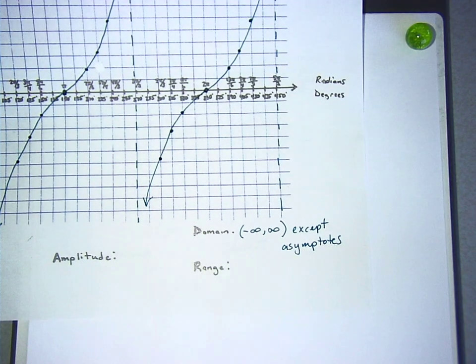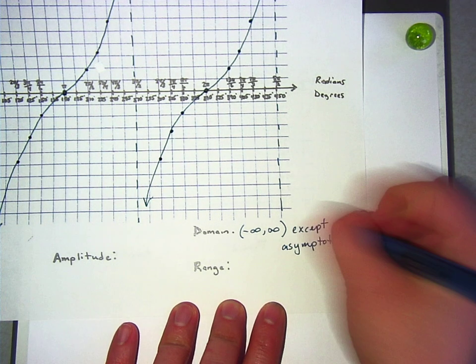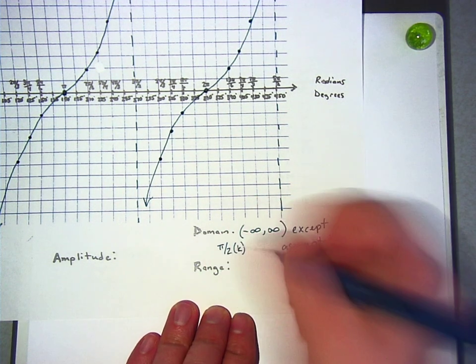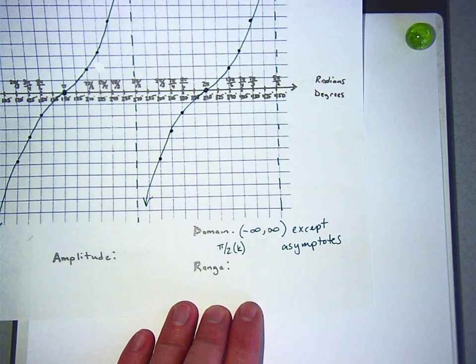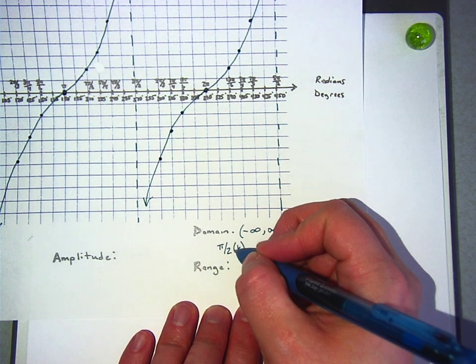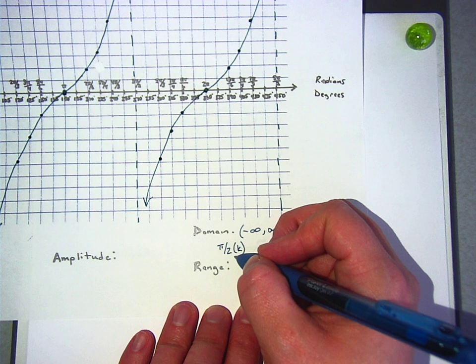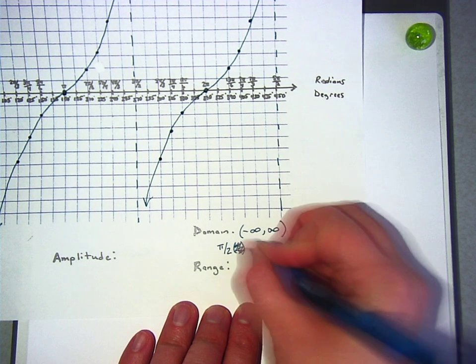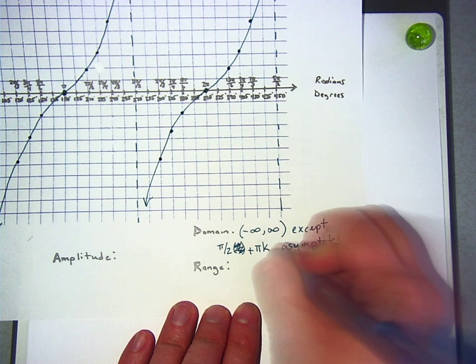How do you write except asymptotes? If it was mathematically, you would say except pi over 2k, meaning any multiples of pi over 2. No, that's not true, because it's not multiples of pi over 2. Pi over 2 plus pi k.